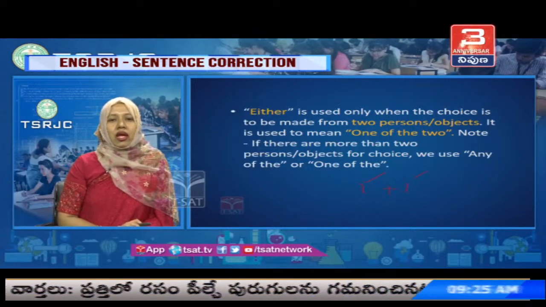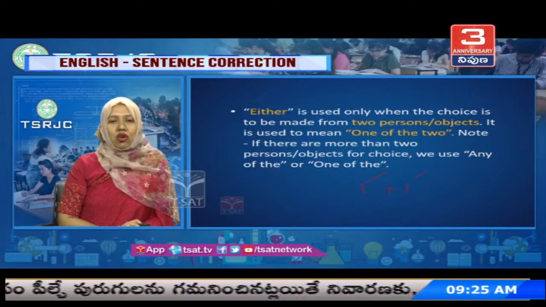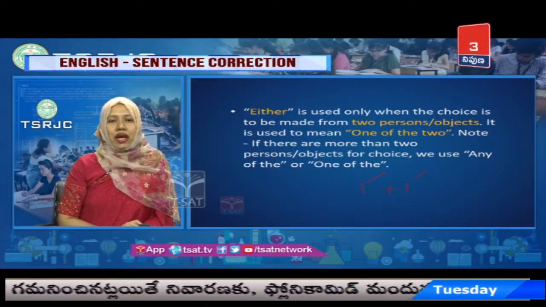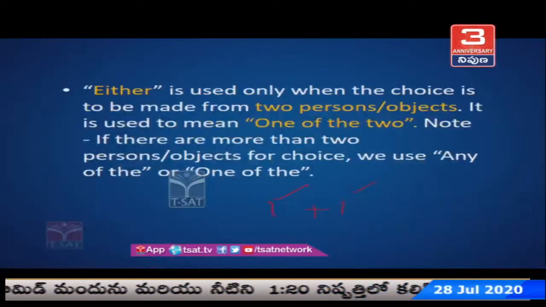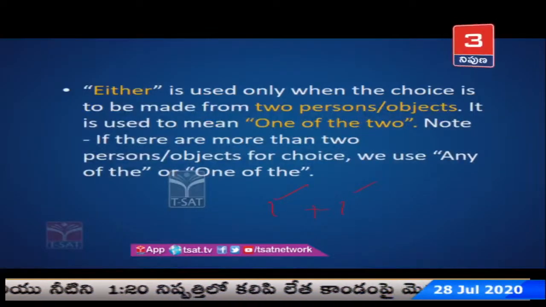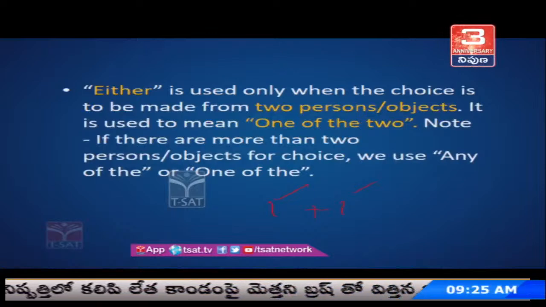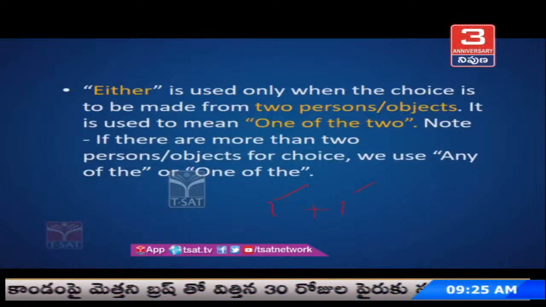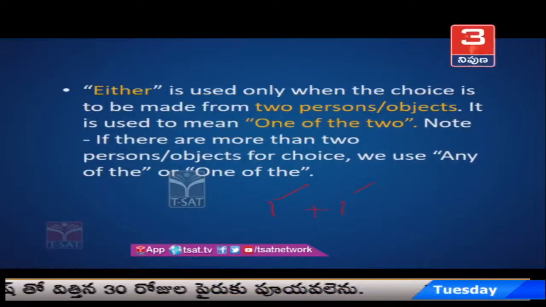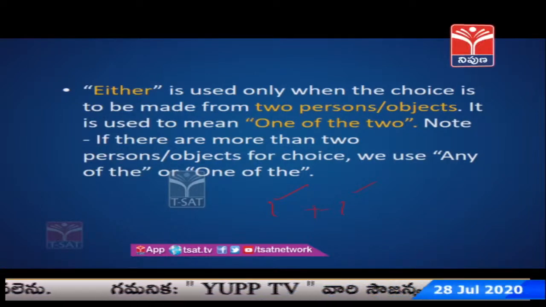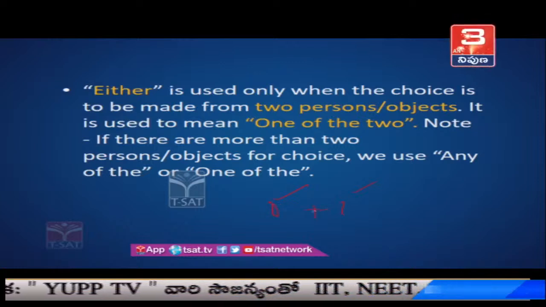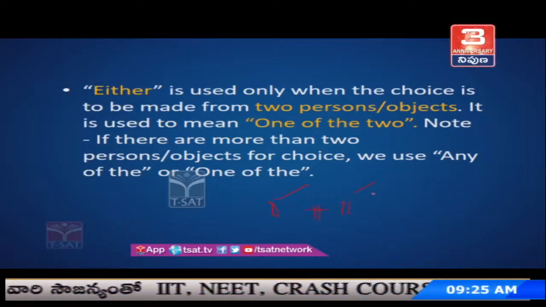Now, if there are more than two persons or objects for choice, we use any of the or one of the. Always remember, either is used only when the choice is made between two persons. There are two things. Out of that you have to select any one.